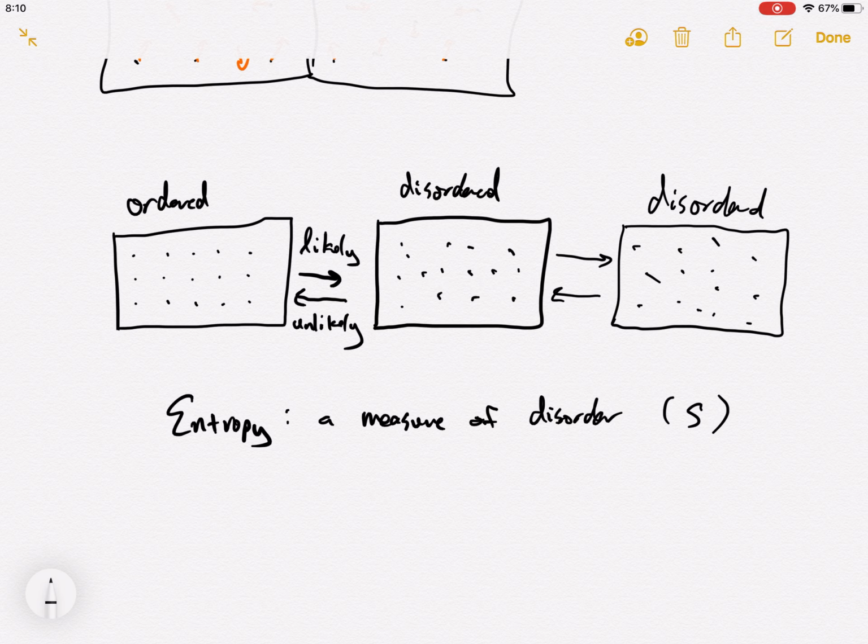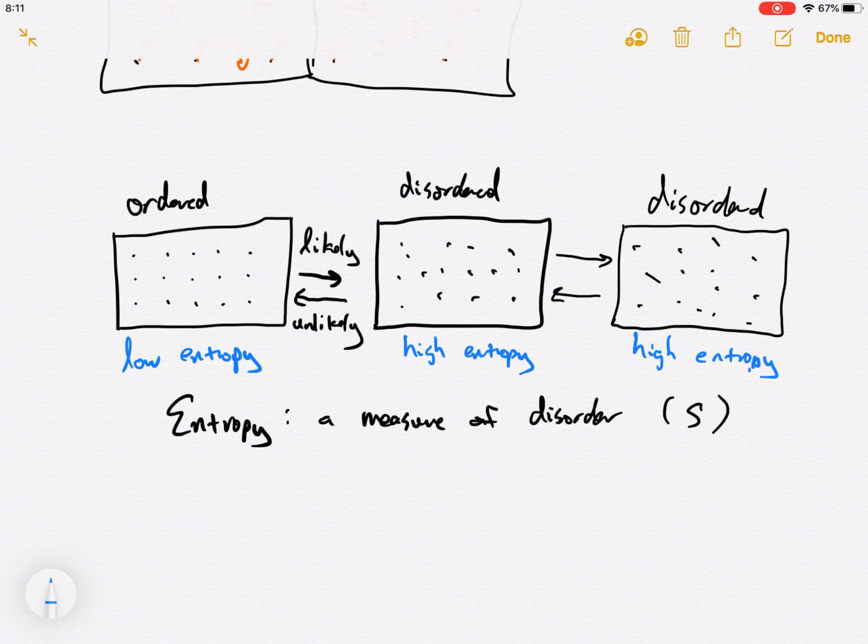For our purposes, entropy is a measure of disorder. So the system here has low entropy, and these systems have high entropy. In any spontaneous process, entropy is at best maintained, but probably increased. It will not decrease. It's just statistically unlikely to happen.